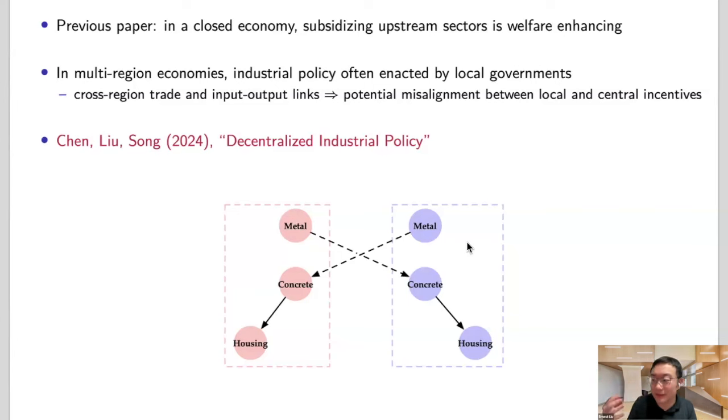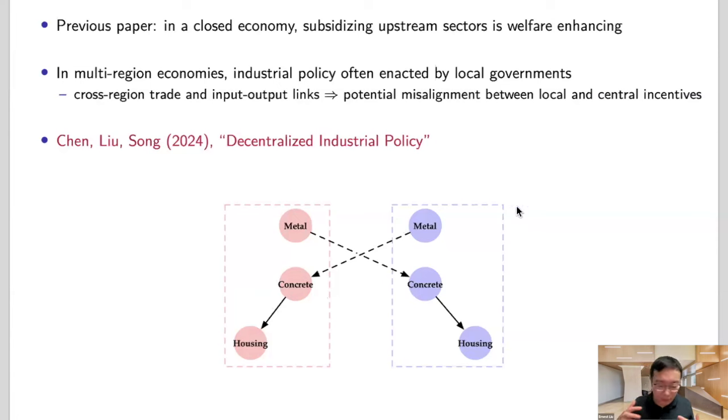The local planner doesn't have incentive to subsidize metal, because subsidizing metal is only going to affect relative prices, or the so-called terms of trade, in a way that harms the domestic economy. You're essentially sending more metal to the other economy and buying the same amount of metal from the other economy. So from a local production perspective, you want to subsidize concrete and actually tax metal production.